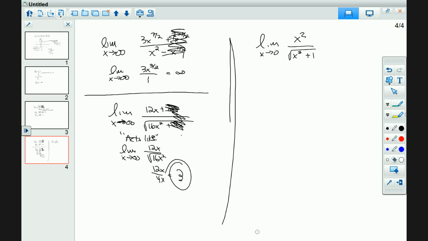What's bigger, the top or the bottom? The top's bigger, right? Done.